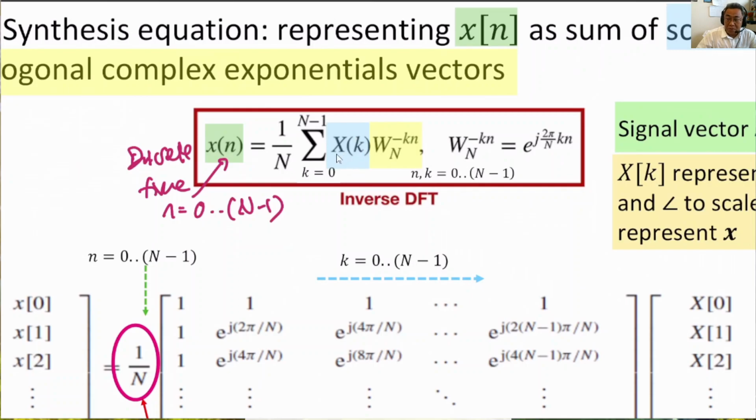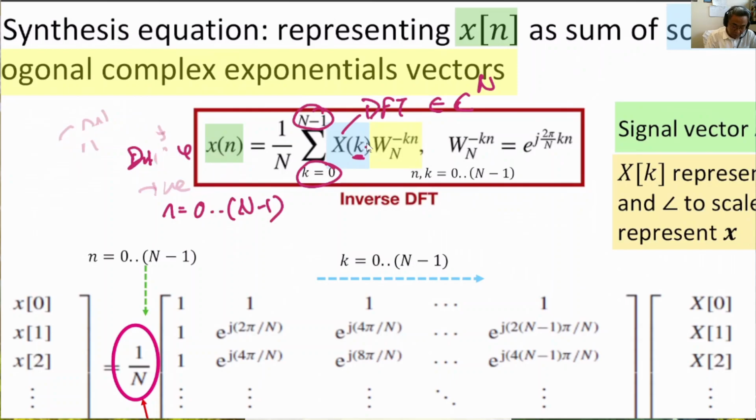The blue represents the DFT coefficients, and also the k goes from 0 to n minus 1. Now, x of n typically is in R^n, meaning that all elements are real. X of k belongs to C^n because each element is a complex number.